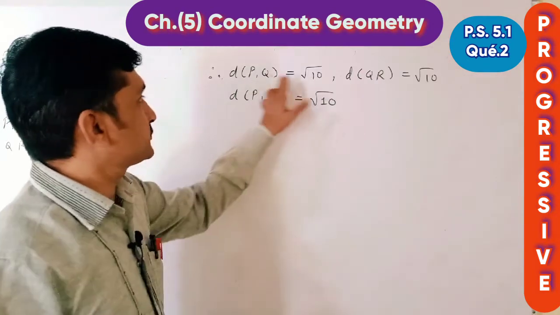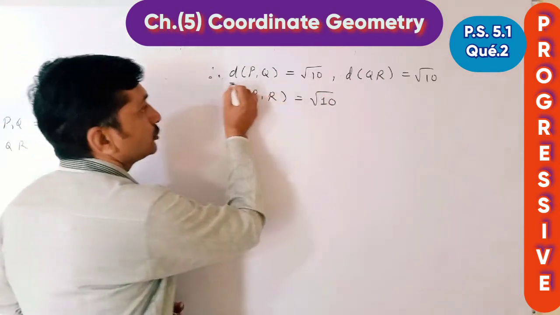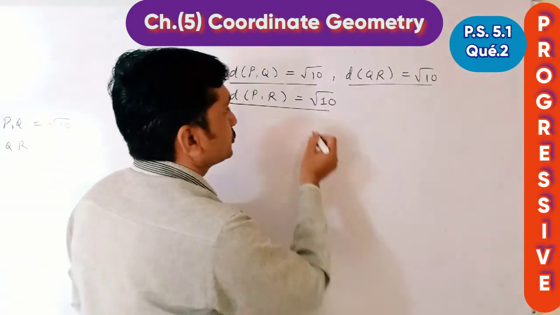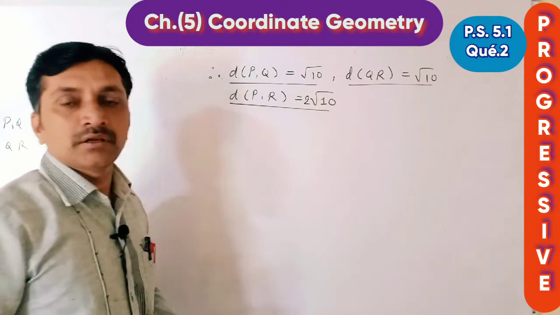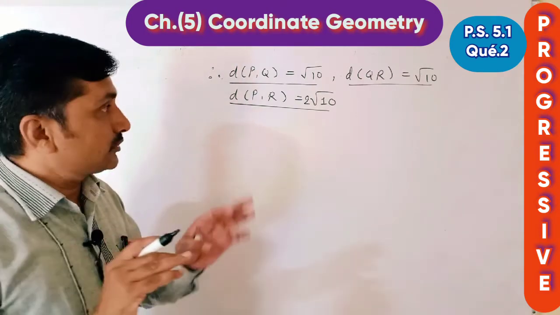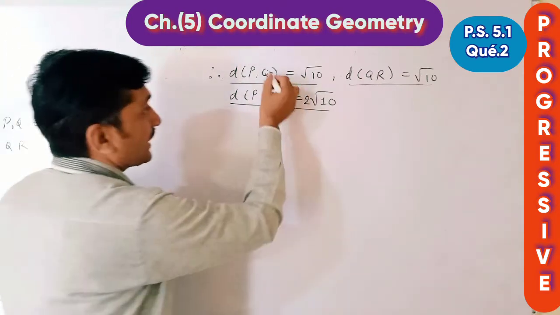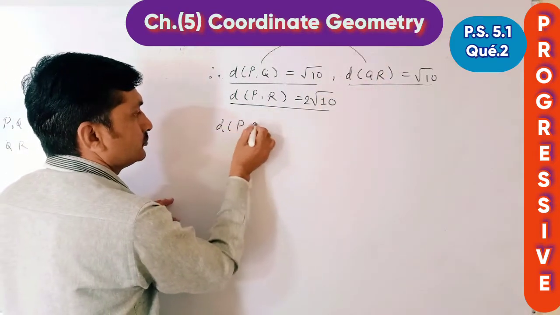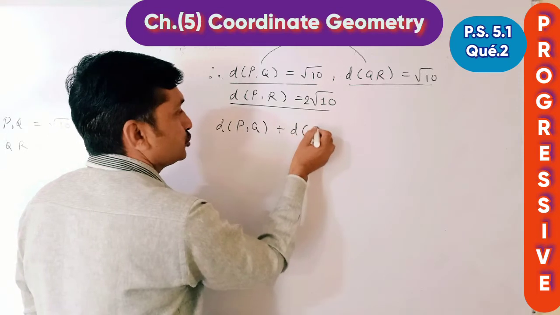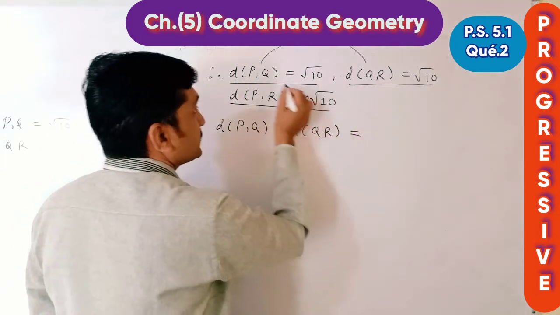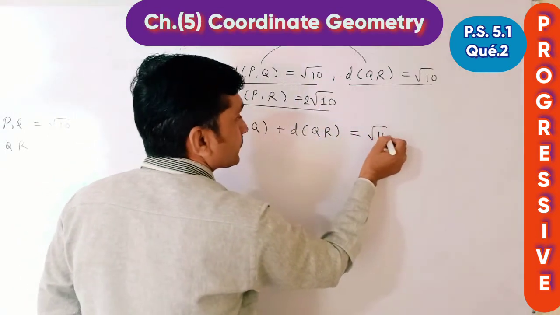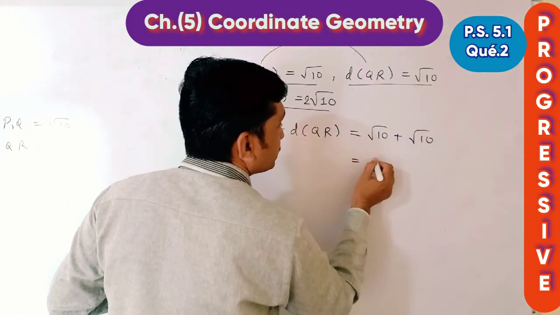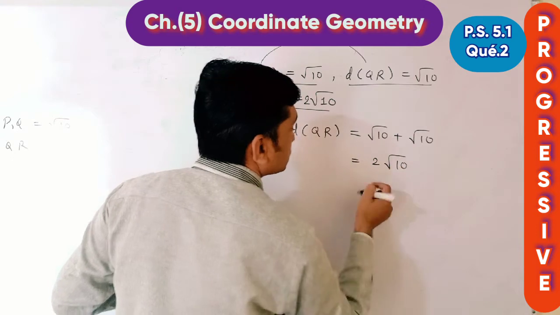Now here we got these three distances: distance PQ is root 10, distance QR is root 10 and distance PR is 2 root 10. If we add these two, distance PQ plus distance QR is root 10 plus root 10, which gives 2 root 10.